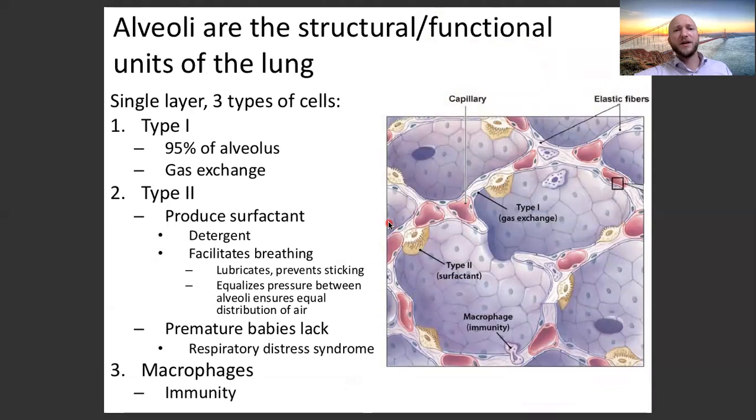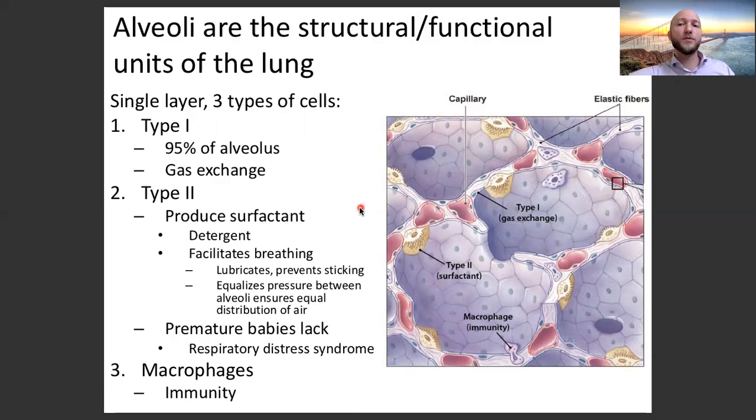So there's 3 main types of cell in the alveoli. You need to know these 3 types for my test, but also there's practical application. There are diseases and situations where you'll hear about type 1 pneumocytes.